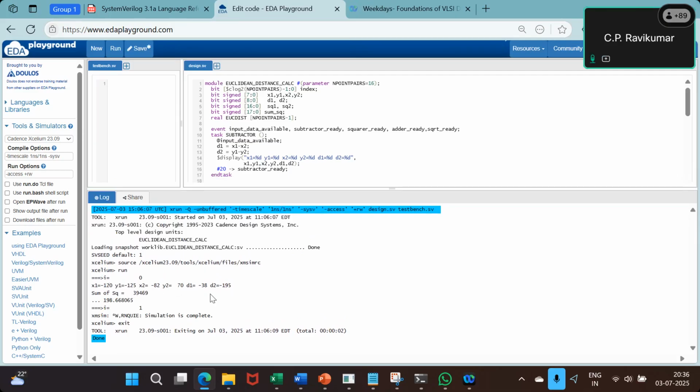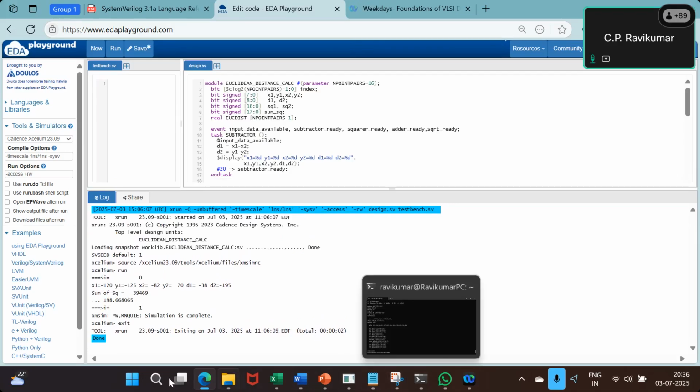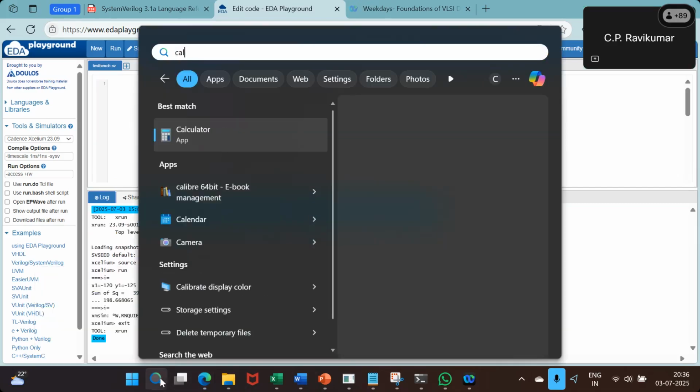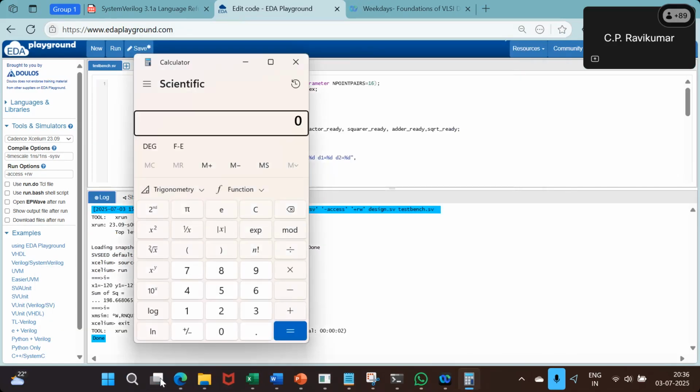Can anybody calculate the distance between these 2 points? 38 square plus 195 square under root. Wait, let us calculate it. 38 square plus 195 square.